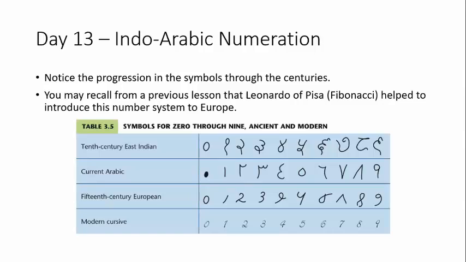He brought the Indo-Arabic numeration system back to Europe back in the 1200s. And so you can see how the symbols have evolved over the centuries to what we have today. So the numerals that we use actually have their heritage in the ancient Indian and Arabic cultures.